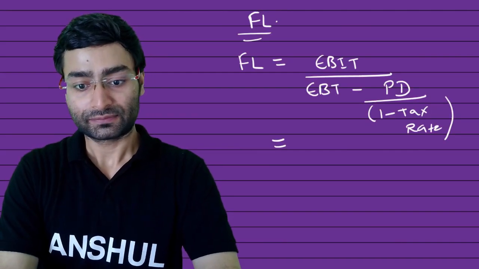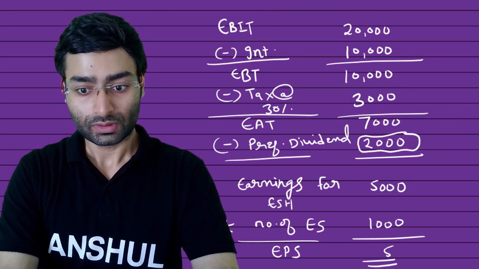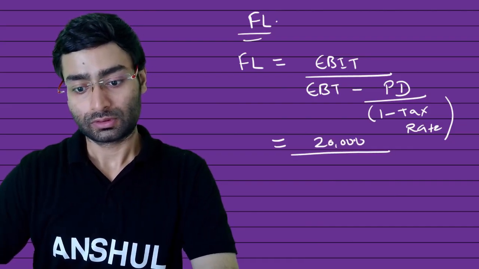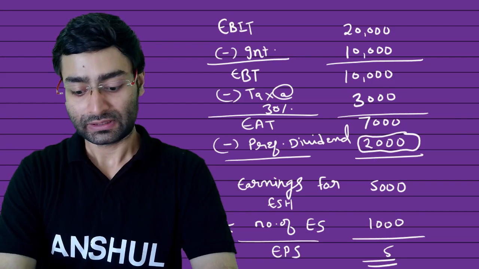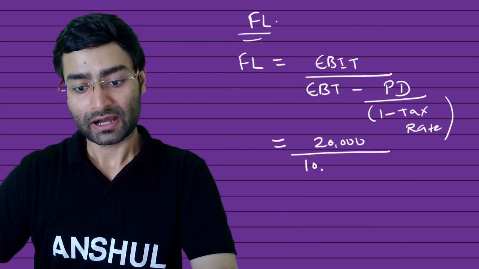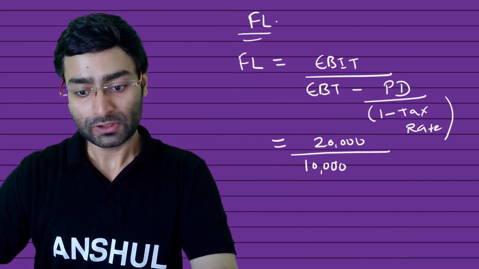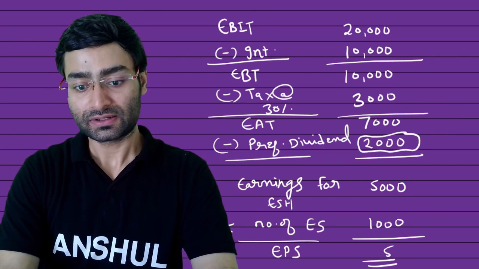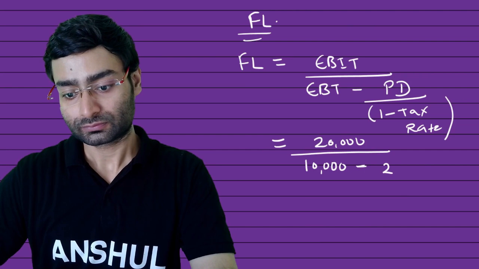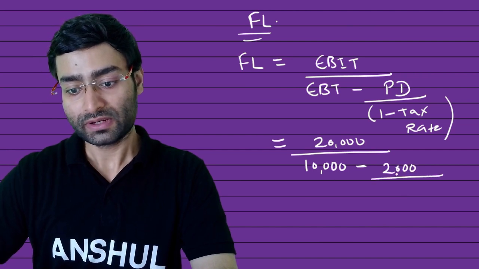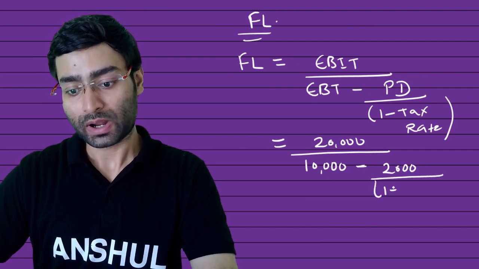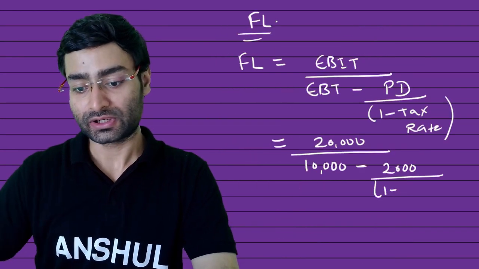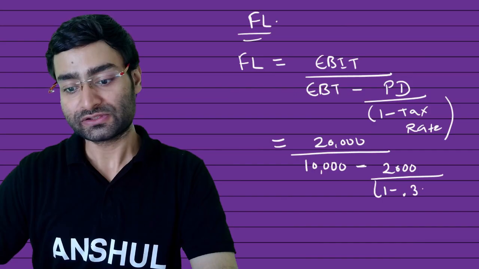EBIT is 20,000. EBT is 10,000. Up to here it is the same as the first formula. The change is here: preference dividend is 2,000, whole divided by 1 minus tax rate, and tax rate is 30%. Can I write 0.30?